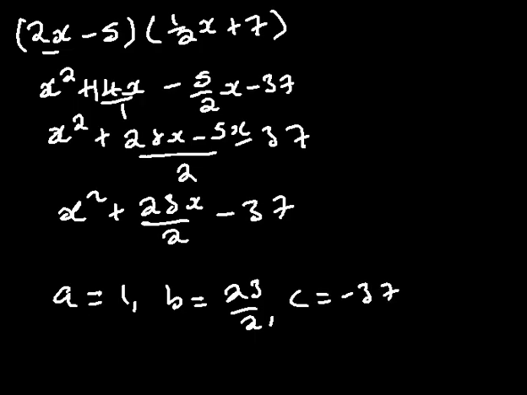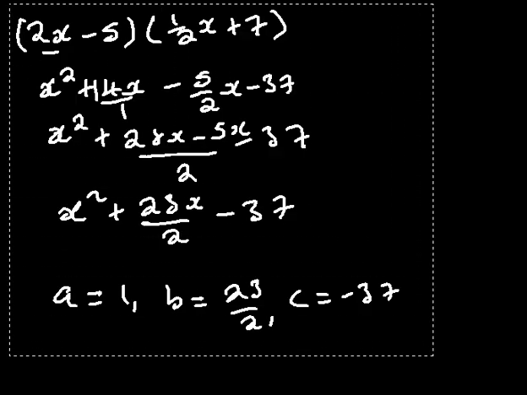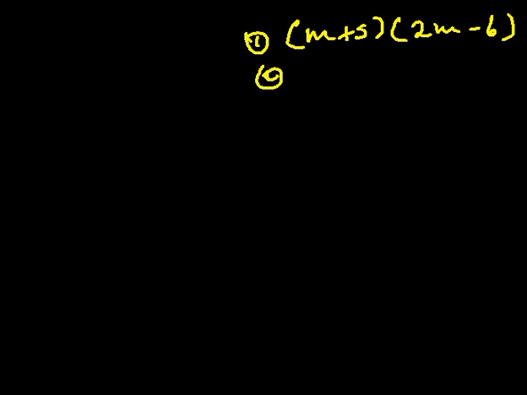So that's how you start to understand quadratic expressions. And try to do the following in your own time and deduce what is a, what is b, and what is c. Let's say we have m plus 5 times 2m minus 6. And you should have the product of y plus 5 times negative y plus 2.